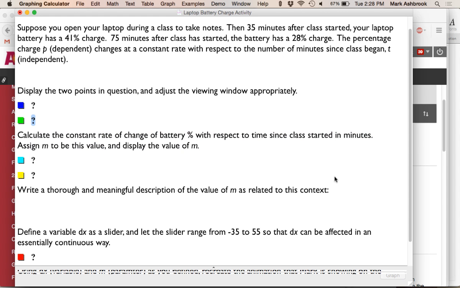Is everybody there? Anybody still trying to get it open? Everyone who's trying has got it open.